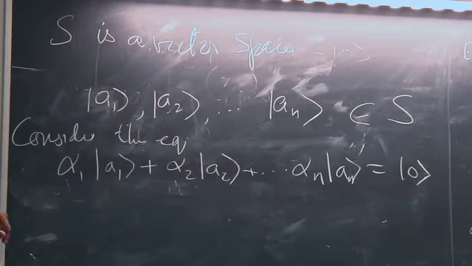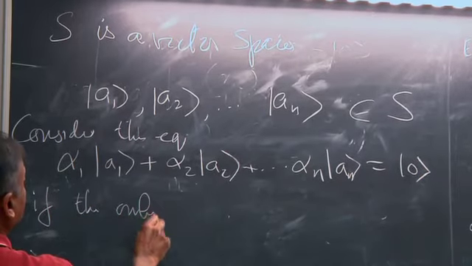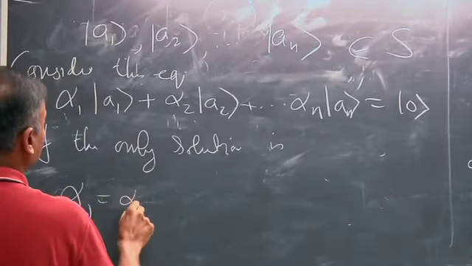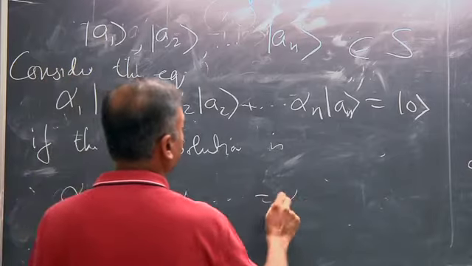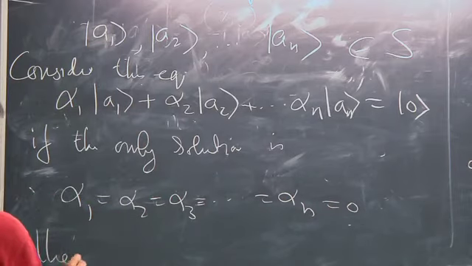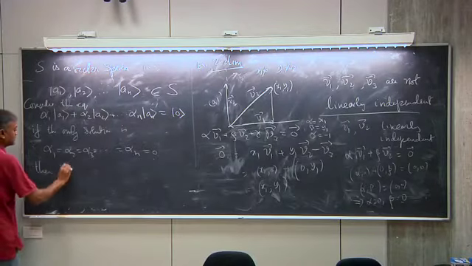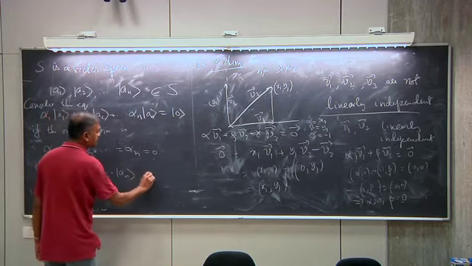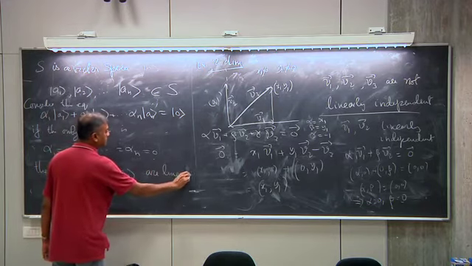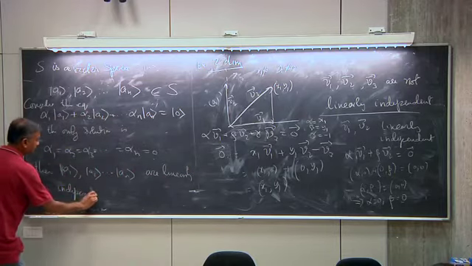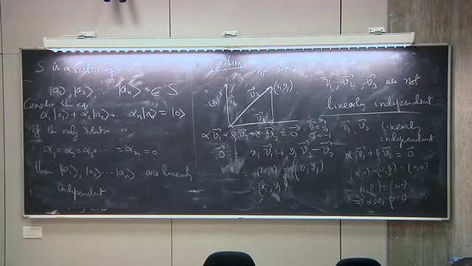So the statement is that if the only solution is alpha 1 equal to alpha 2 equal to alpha 3 equal to alpha n, all of them 0, then this set of n vectors A1, A2, up to An is linearly independent. So that's the definition of linear independence.